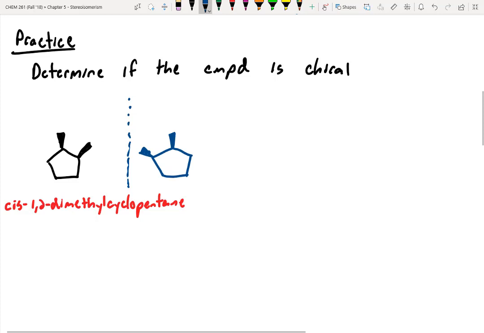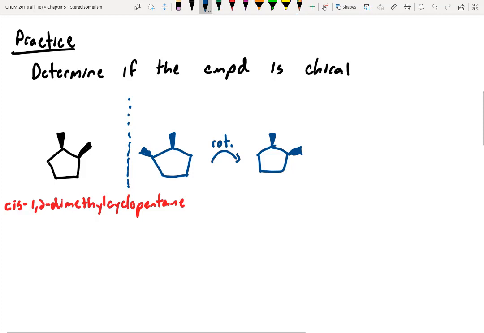Yeah, I think so. If you take this and you rotate it, I'm just going to spin this about its axis. See what I'm saying? Just kind of rotate it, spin it around. It's the exact same molecule, right?